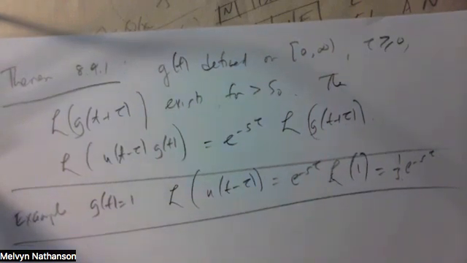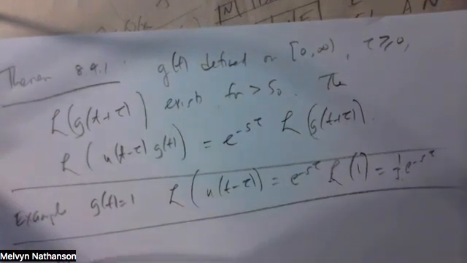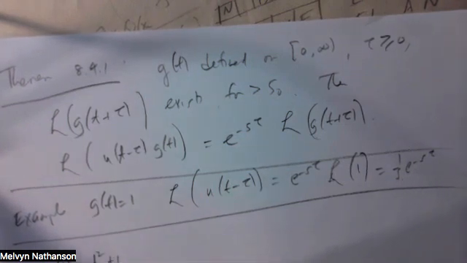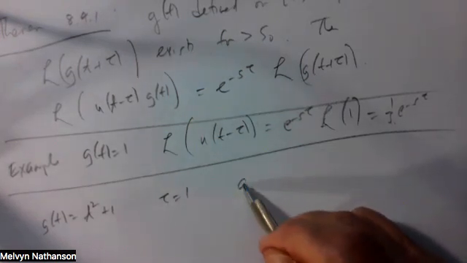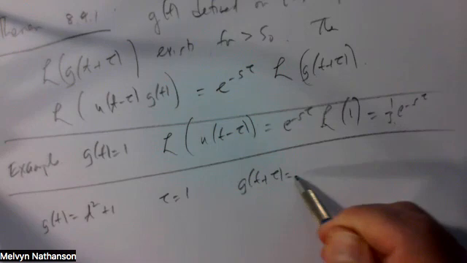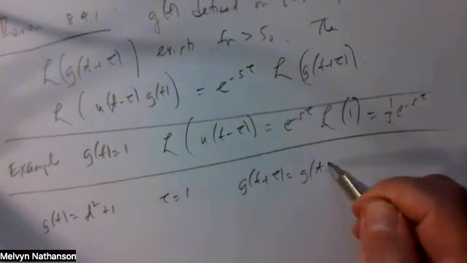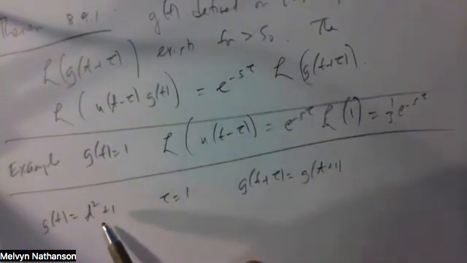Let's take another example. Suppose we take the function g of t to be t squared plus 1, and we choose the number tau to be equal to 1. So what is g of t plus tau? That's g of t plus 1.